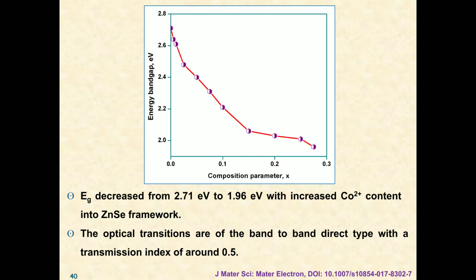The band gap energy Eg decreased from 2.71 electron volt to 1.96 electron volt with increased Co2+ content in the ZnSe framework. The optical transitions are of the band to band direct type with a transition index of around 0.5, and this data is published in Journal of Materials Science: Materials in Electronics.